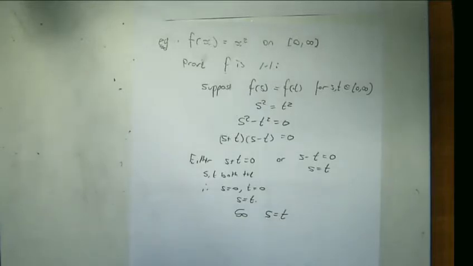Sometimes you have to split it into cases like that, but yeah. That's a good trick. It's always worth knowing in any math course that if you get two non-negative numbers and add them together to get 0, the only way to do that is for both of them to be 0, because you can't add two positive numbers and get 0, because it would be bigger than 0.